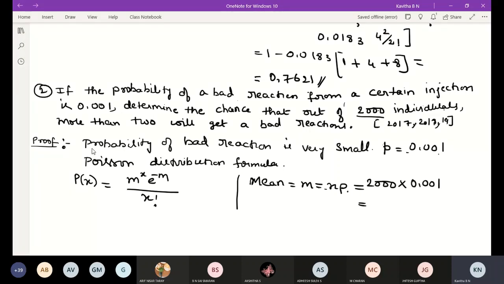Then 2000 into 0.001 is 2. Means here m is equal to 2. Then P of x is equal to, in place of m substitute 2, 2 to the power of x e to the power of minus 2 by x factorial.